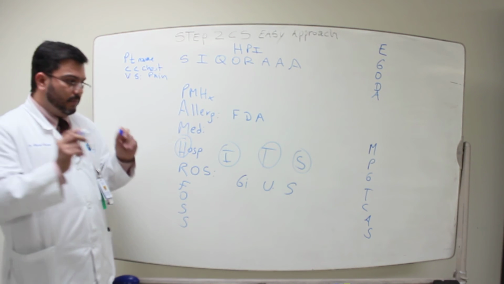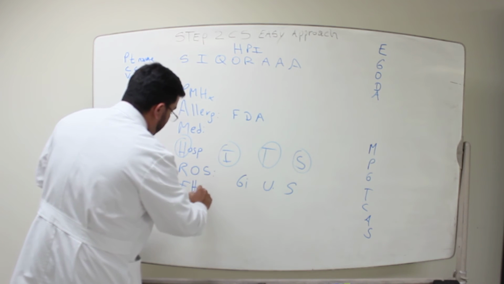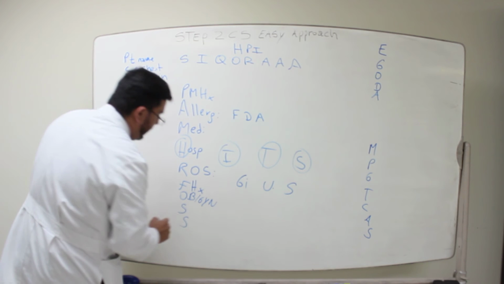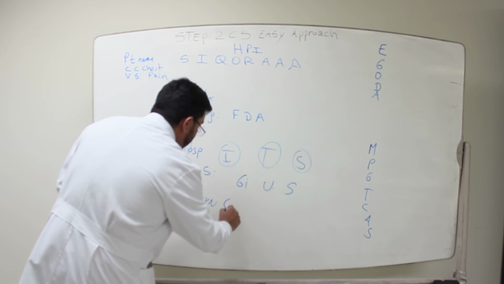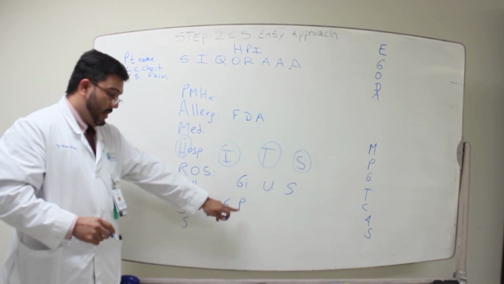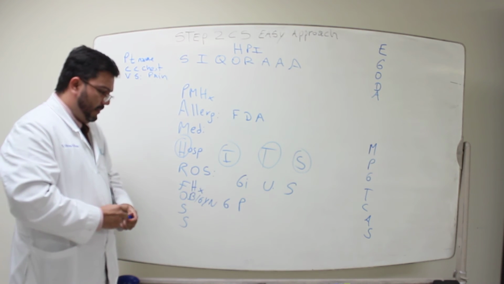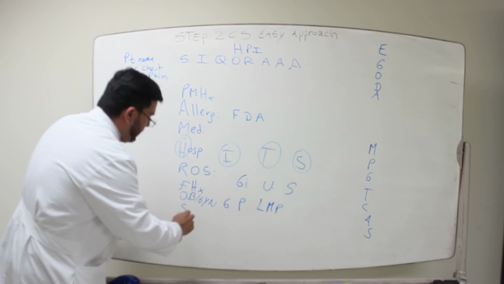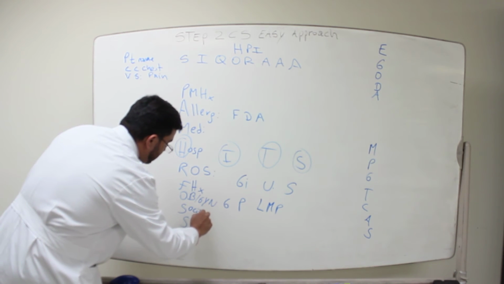Remember, sometimes it's important to ask about family history. This stands for OBGYN. You have to ask about how many pregnancies the patient has had, how many kids the patient has, and the last menstrual period. And this is about social history.